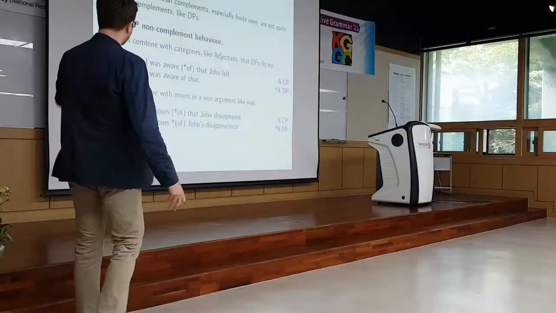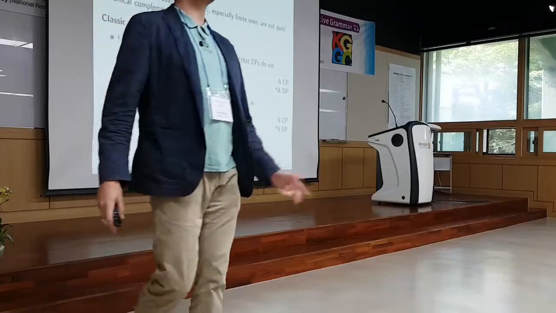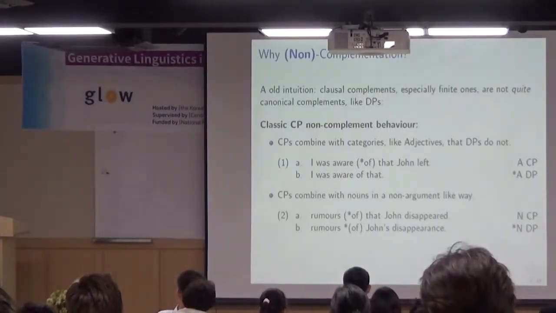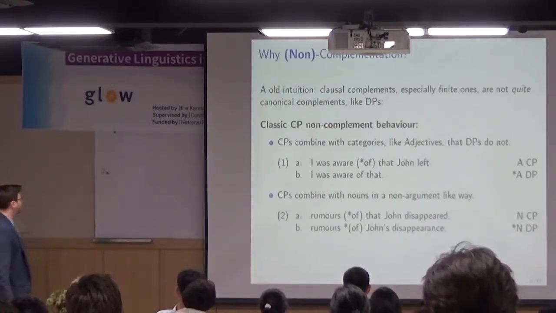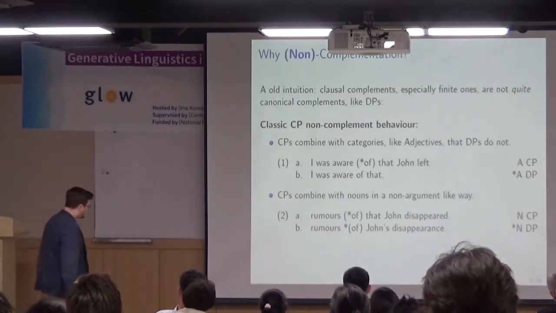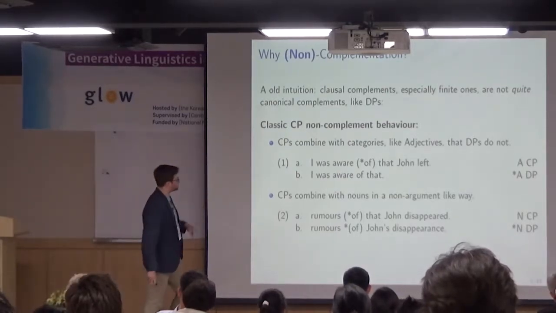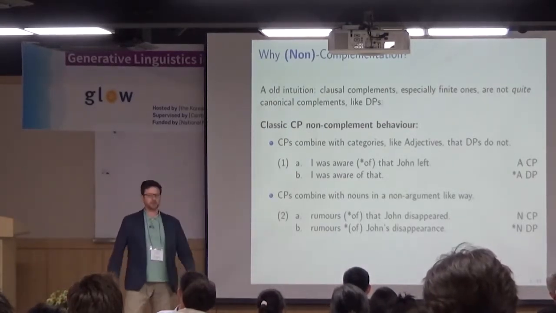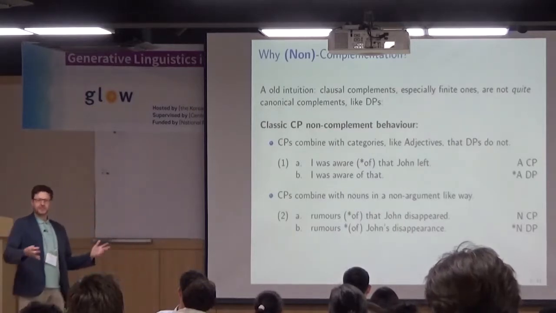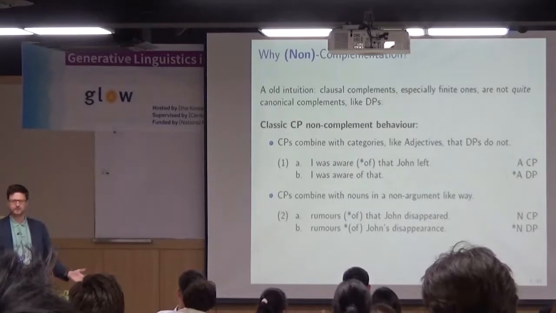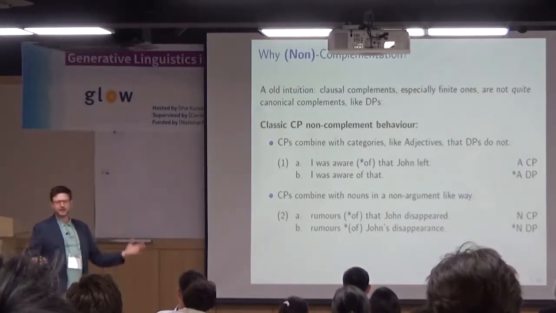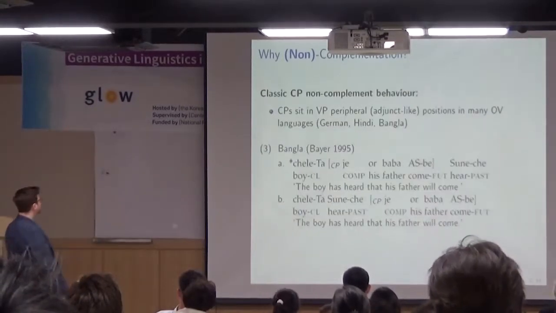The most old-fashioned examples you can think of are still relevant. CPs can complement adjectives and other non-case assigning predicates, whereas DPs can't. They combine with nouns in a way that doesn't make them look like arguments, and I'll say a bit more about that. So the fact that "non" is in parentheses is kind of relevant for CPs. They act like complements sometimes, sometimes they don't.